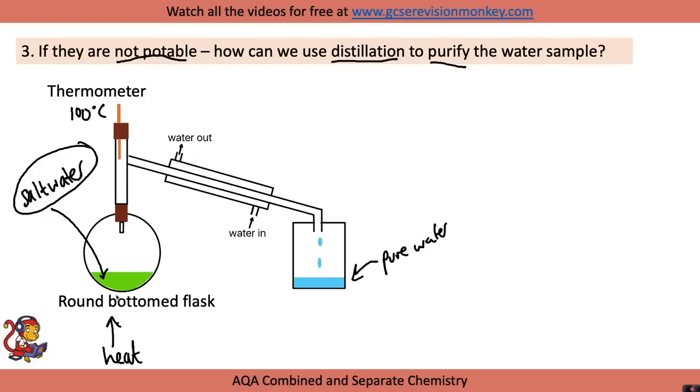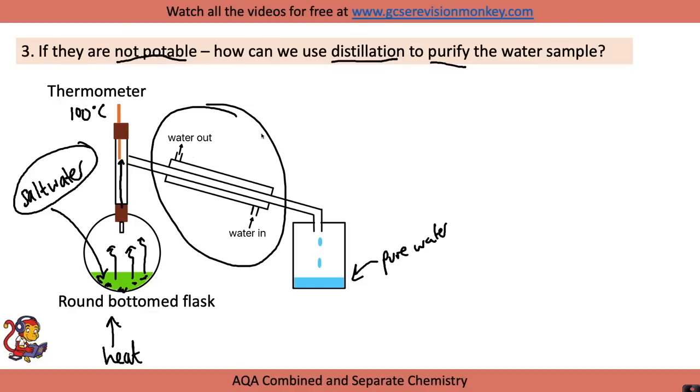So as you heat the salt water, the water will evaporate and it should leave any salts behind in the round bottom flask. The water will evaporate and it will turn into water vapour and it will go up the tube here. This piece of equipment here is called the condenser, or you might see it written as the condensing tube.